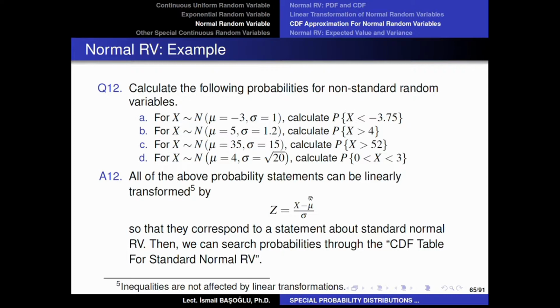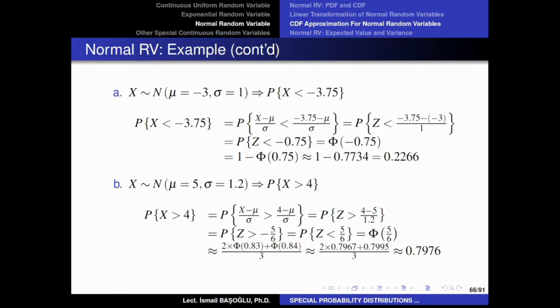And remember now, the standardization is applied by applying this transformation to both parts of this inequality. So in both parts of this inequality, I'm going to apply this linear transformation. Then the probability statement will become a statement that belongs to a standard normal random variable. So let's do that.